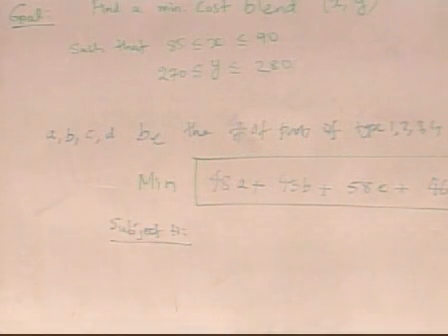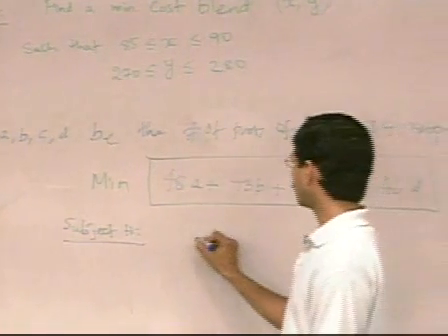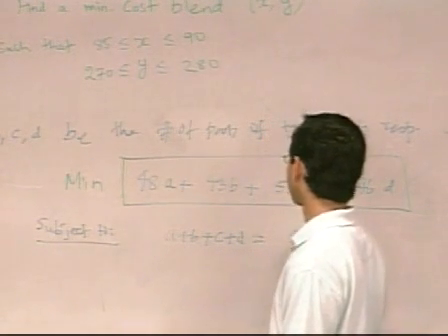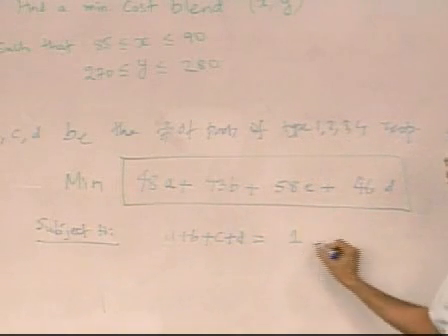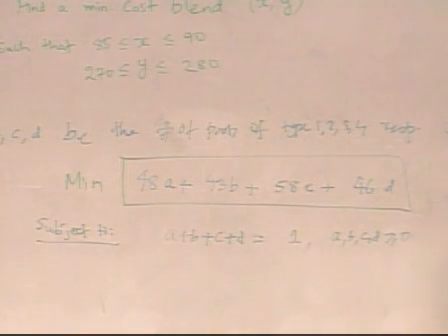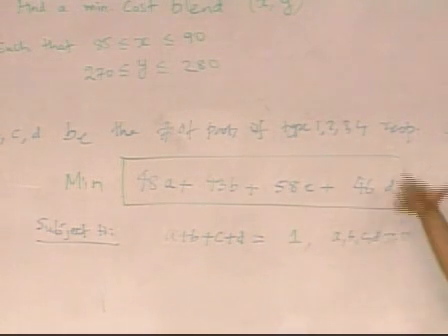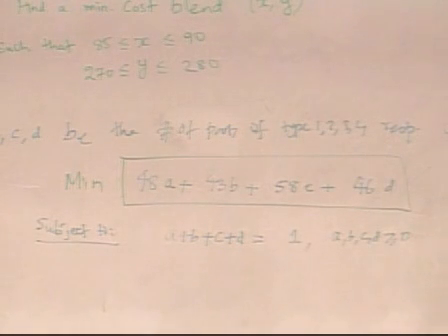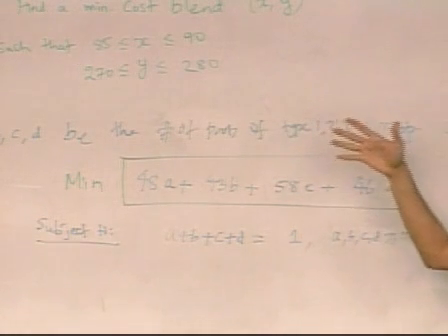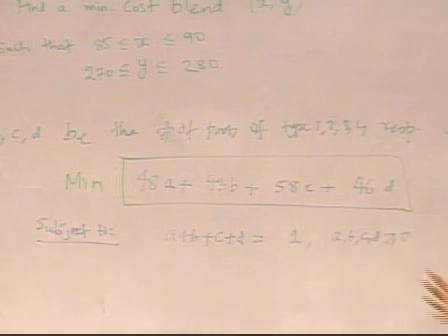Okay, so the first constraint is that you want to get 1 unit of gasoline out of this, so A plus B plus C plus D is just 1. Not only that, A, B, C, D are all non-negative. So this really suggests that A, B, C, and D represent the fraction of types 1, 2, 3, and 4 of the gasoline that you're going to use.